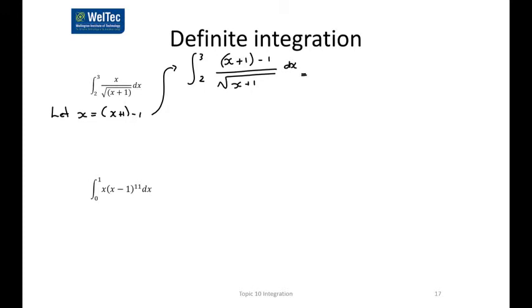And still keeping in the fact that we're doing the definite integrals, we can split this into two fractions. We can say that it's equal to the integral of x plus 1 over the square root of x plus 1, minus the integral between 3 and 2 of 1 over the square root of x plus 1.